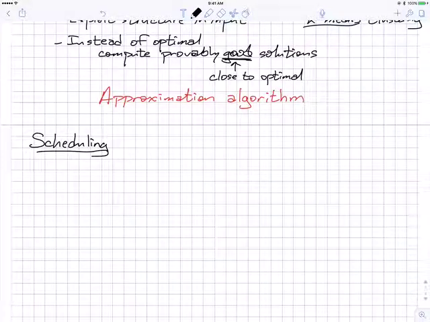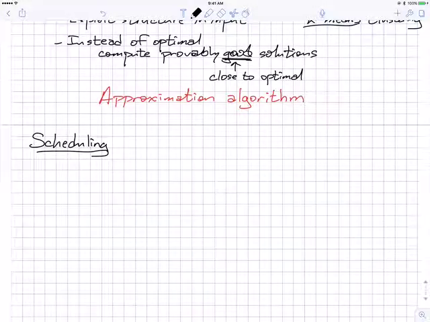Okay. So I want you to imagine that you have m different machines, which are, for purposes of this problem, all identical, and I have n jobs which I need to run, which for purposes of this problem are just lengths of time. And I need to distribute these jobs to the various machines.